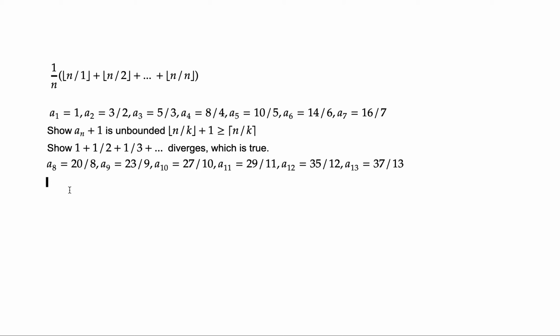So you get 1 over 1 plus 1 over 2 plus 1 over 3 plus dot dot dot 1 over p, then all divided by, in this case we want a lower bound.